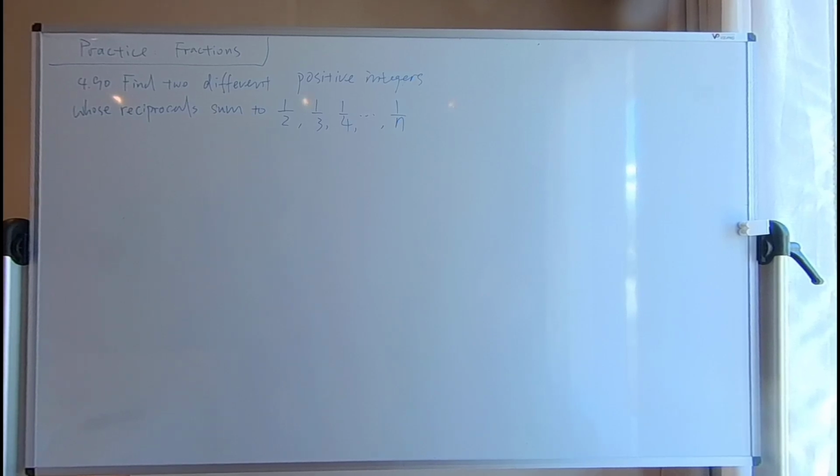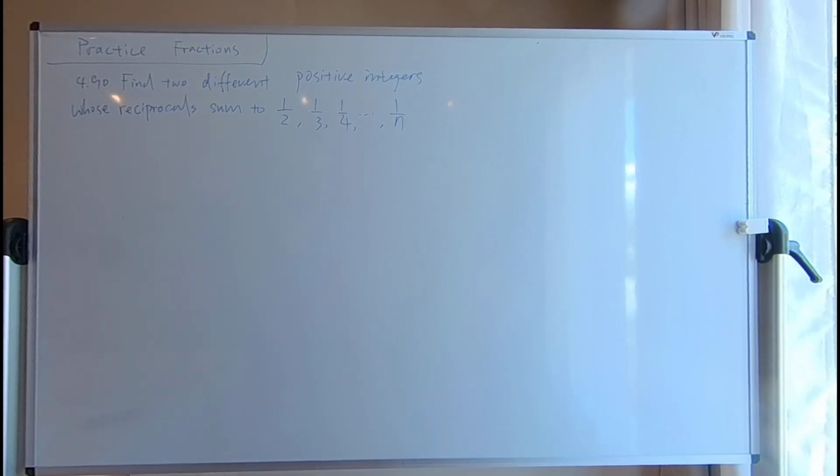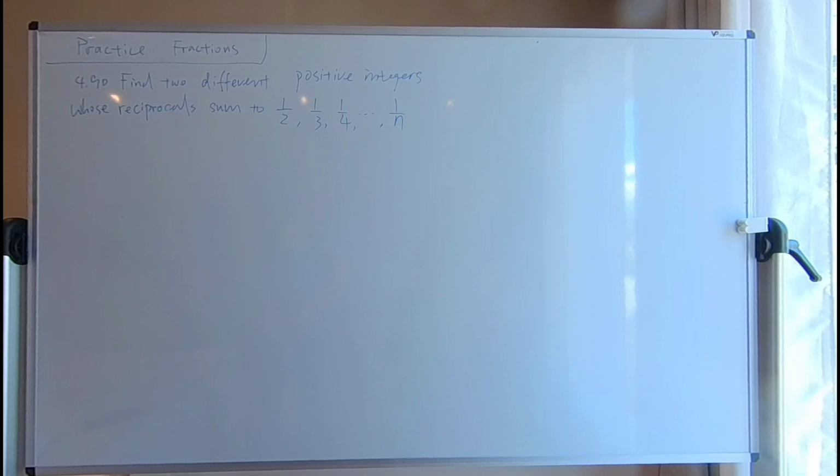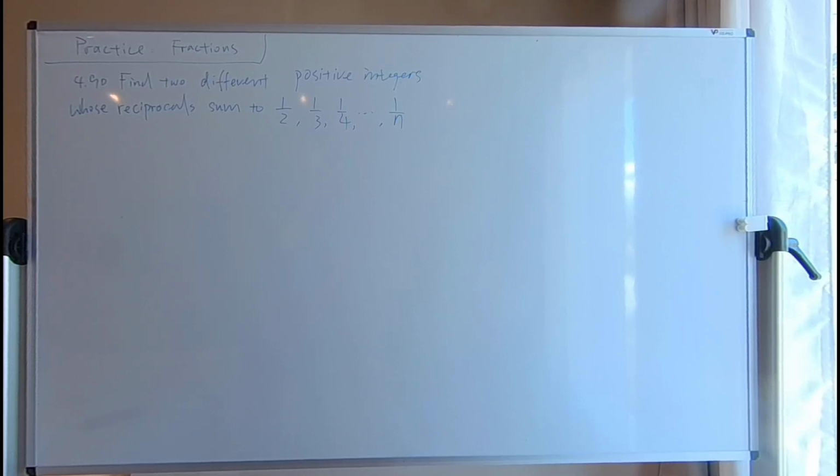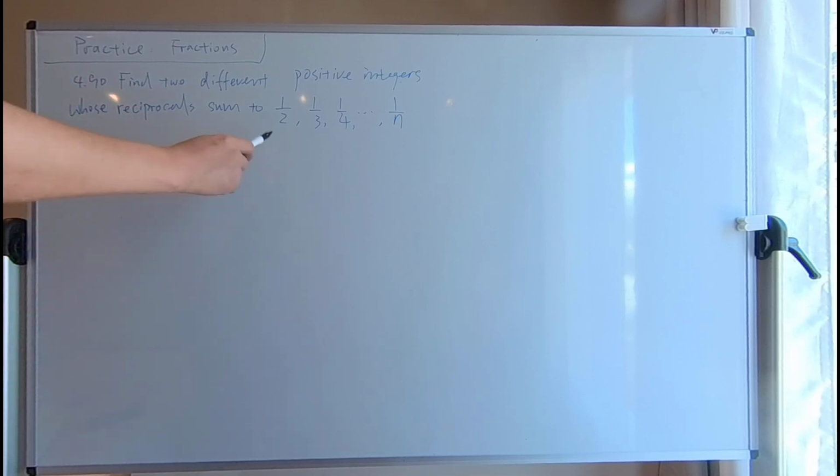Okay, now let's take a look at the last question of today's practice class. Suppose there are two different positive integers. Their reciprocals can sum to 1 over 2, or 1 over 3, or 1 over 4, until a general case of 1 over n. How do I find such two positive integers?